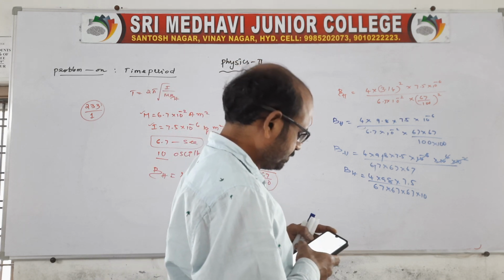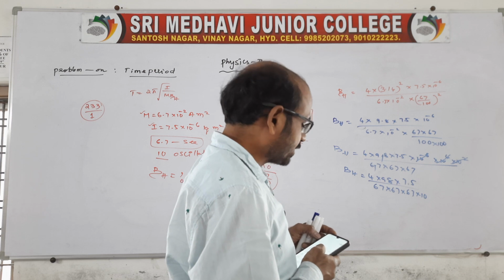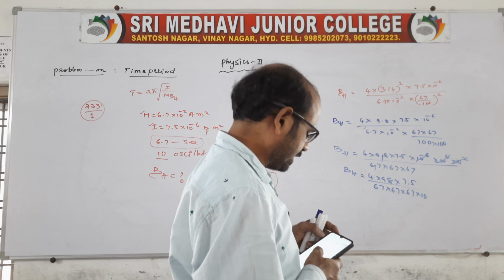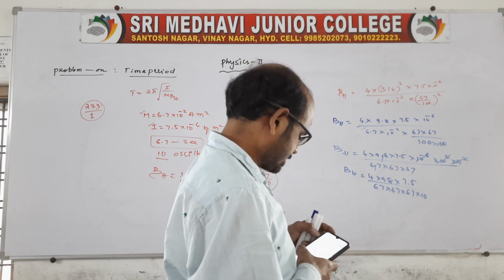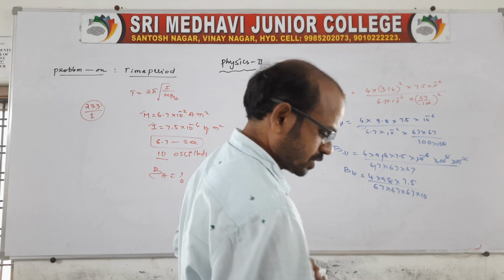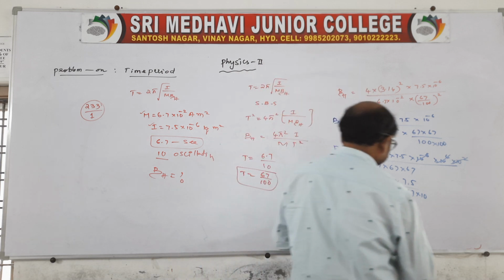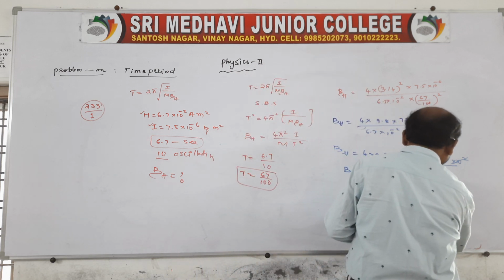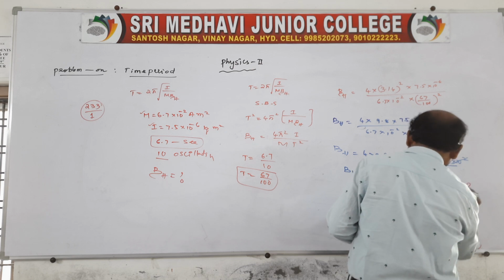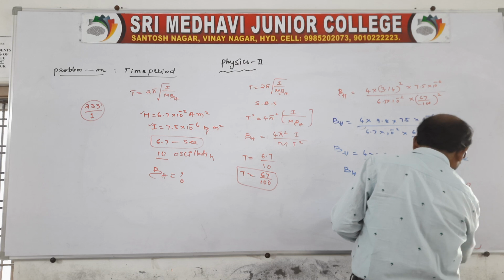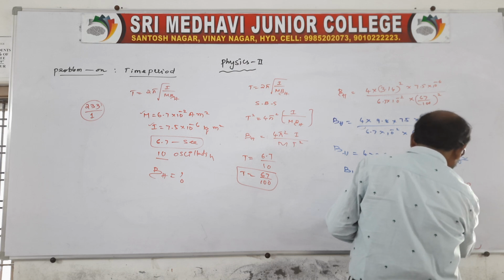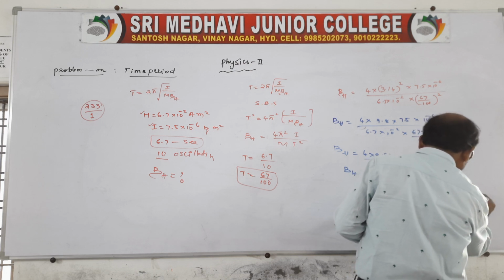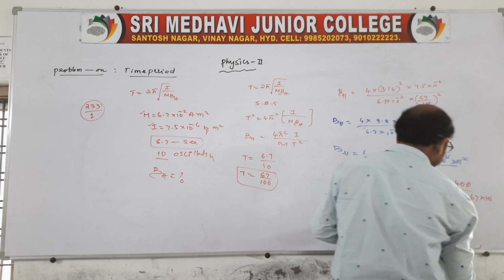Let's multiply. The given is 4 × 98 × 75, so 29,400. You write it as 29,400 by 67 × 67 × 67 × 10. Of course the zero is cancelled, right?